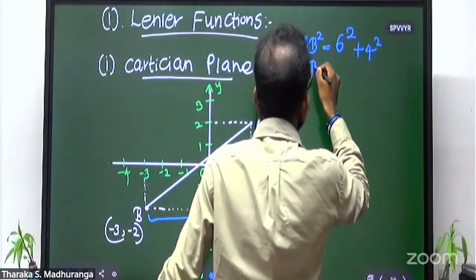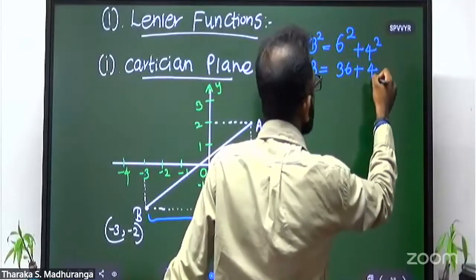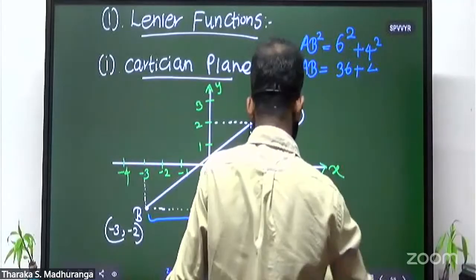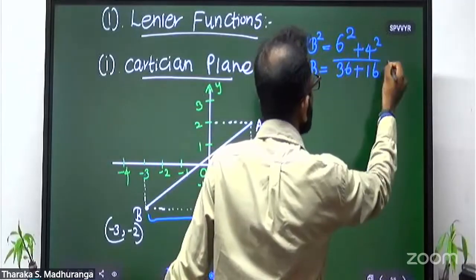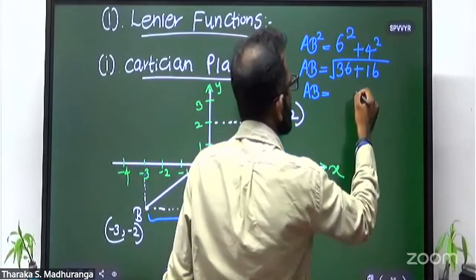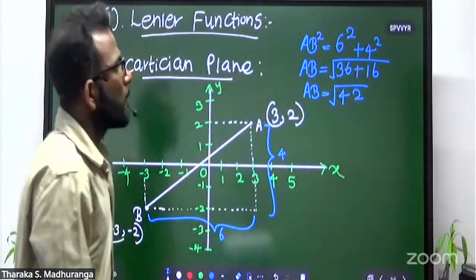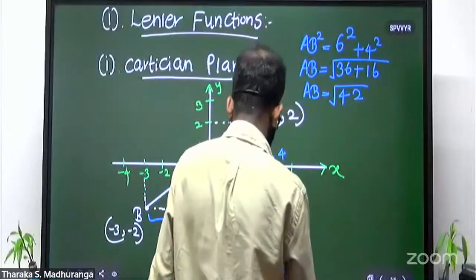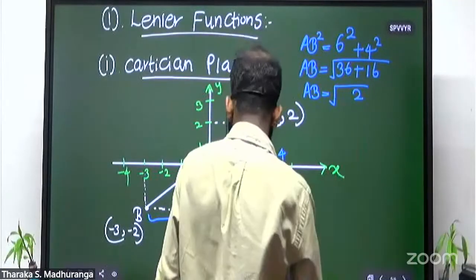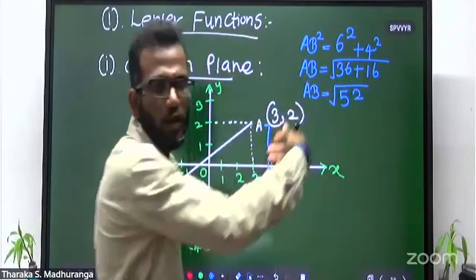Then AB squared equals 6 squared, 36, plus 4 squared, 16, so 52. Then AB equals the square root of 52. You can use Pythagoras theorem.